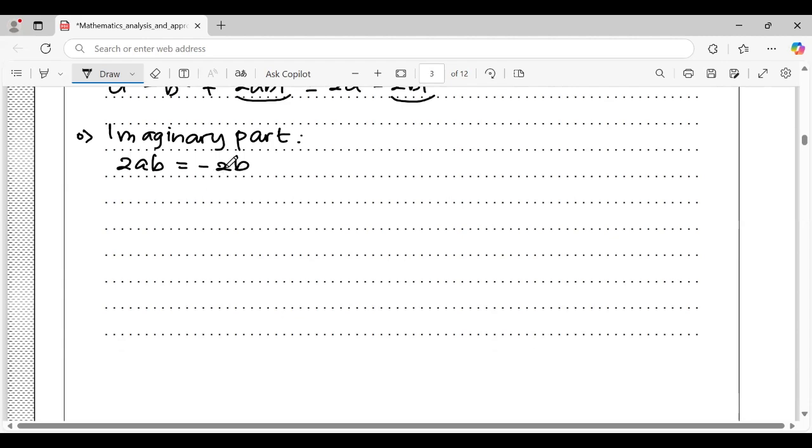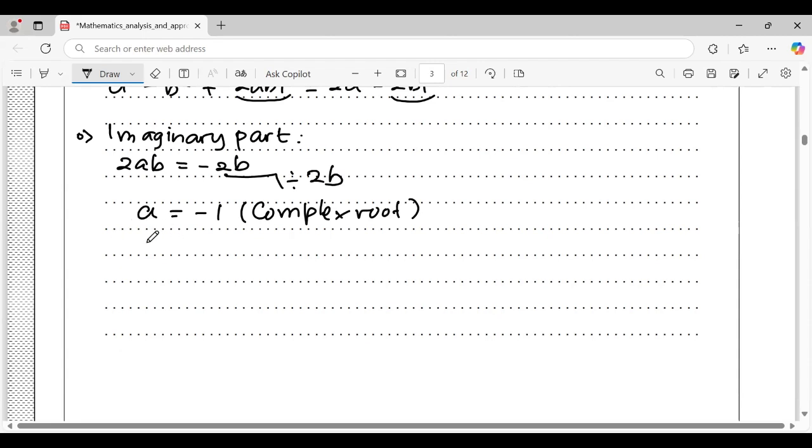If we divide by 2b, we're going to have the result of a equals minus 1. This is for the complex root, right?